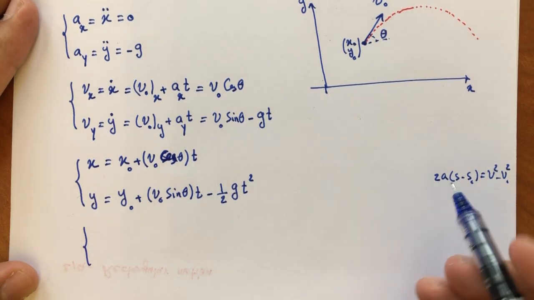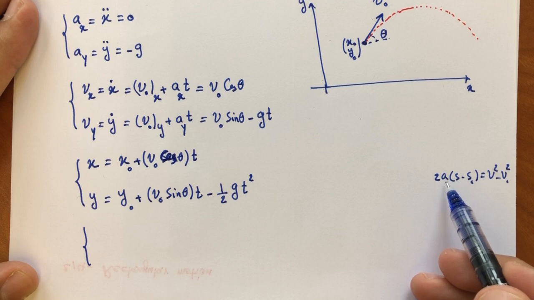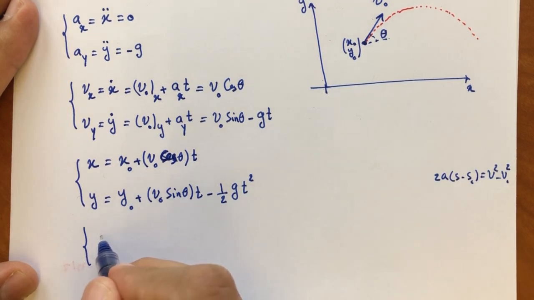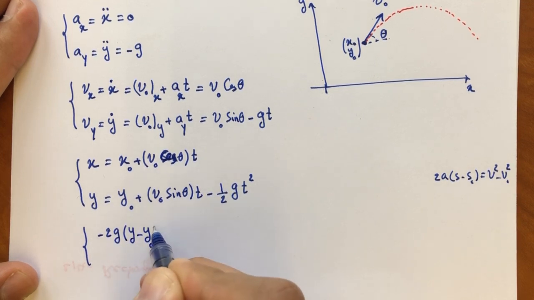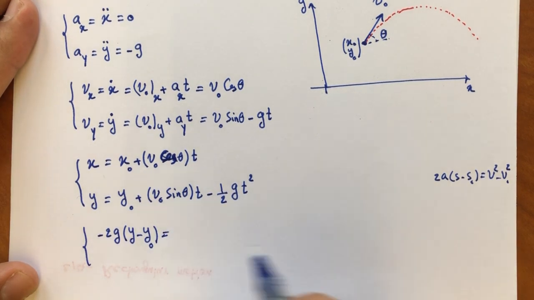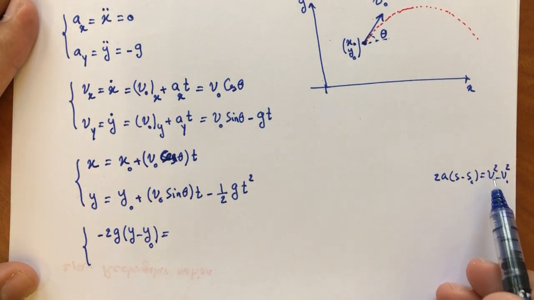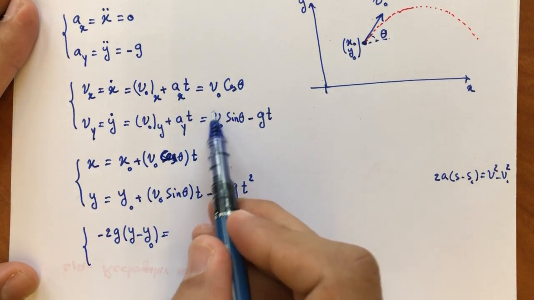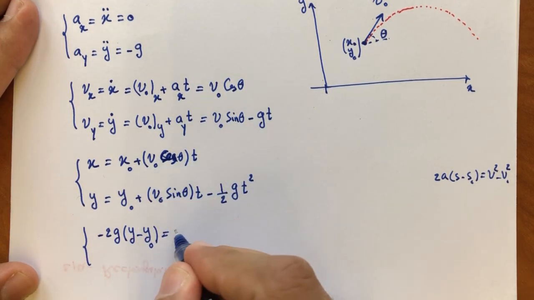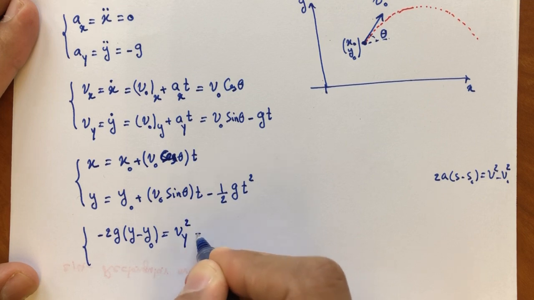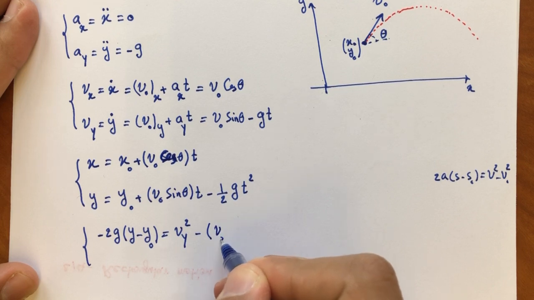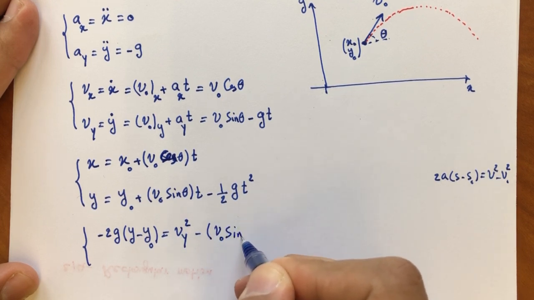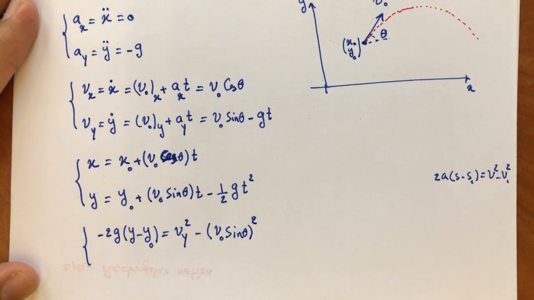For the y direction, we have 2 times a in the y direction, which is negative g. So I'm going to have negative 2 times g times displacement in the y direction equals velocity in the y direction squared, or in general vy squared, minus initial velocity in the y direction squared, and initial velocity in the y direction is v0 times sine of theta, squared.